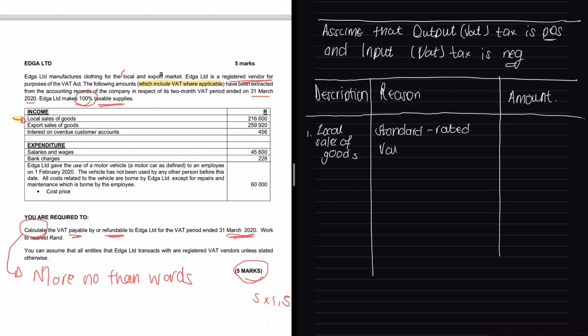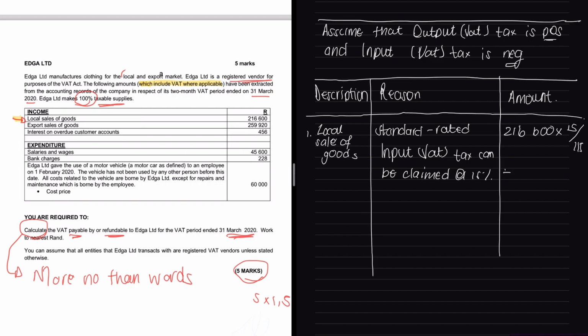Output VAT, sorry about that, input VAT tax can be claimed at 15%. We have an amount of 216,600 multiplied by 15, because we're looking for VAT, over 115.